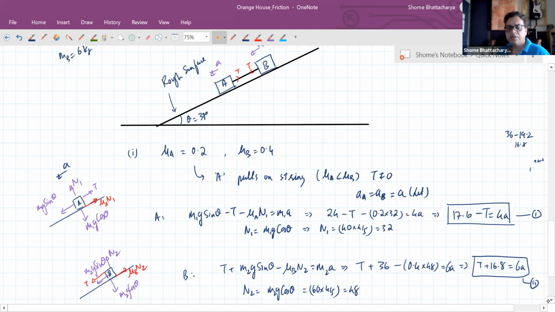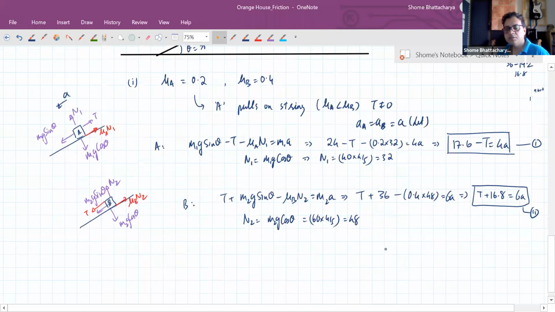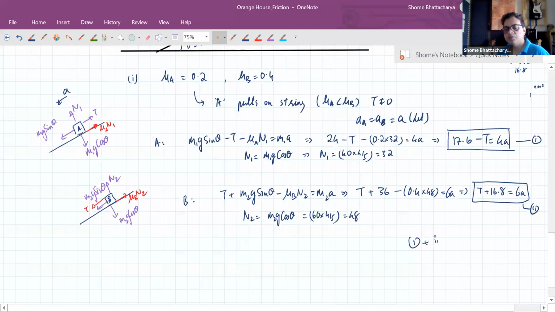Now solve these equations and we will find the acceleration. So equation 1 plus equation 2 will give us the common acceleration, which will come out to be 3.44 meters per second square.